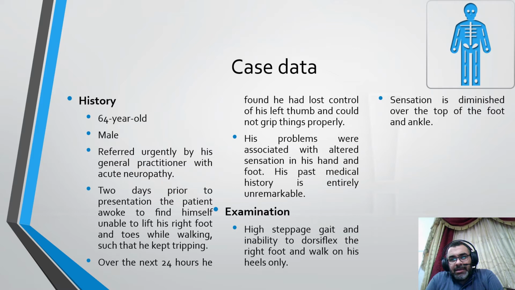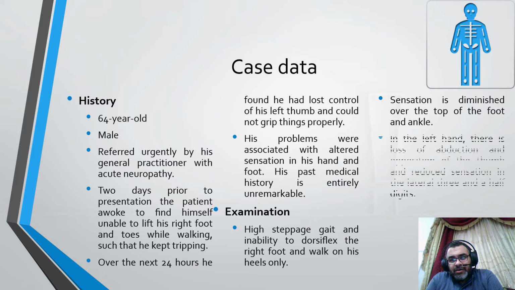Sensation is diminished over the top of the foot and ankle of the right side, of course. In the left hand, there is loss of abduction and opposition of the thumb and reduced sensation in the lateral 3.5 digits. So it is an acute neuropathic condition.